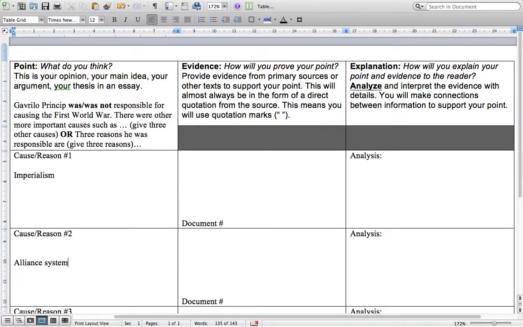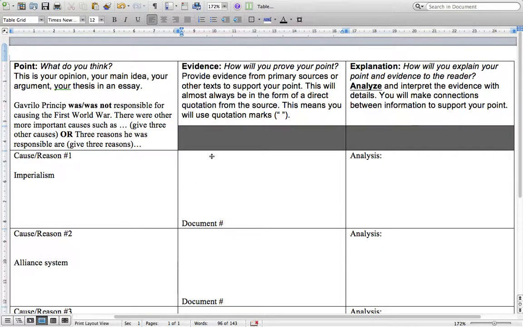Then evidence. How will you prove your point? Provide evidence from primary sources or other texts to support your point. This will almost always be in the form of a direct quotation from the source. This means you must use quotation marks, okay?